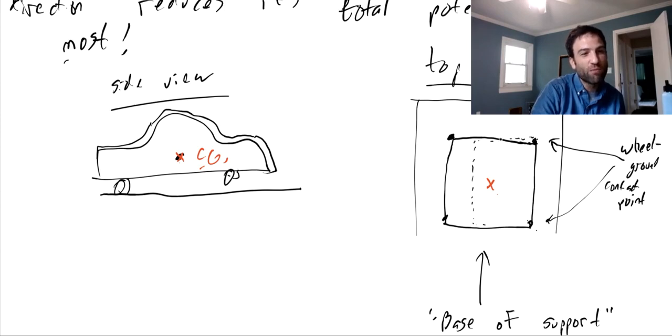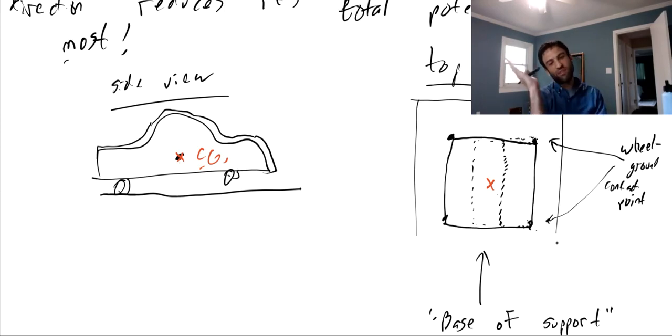But if you get to the point where the vertical line through the center of mass straight down passes outside the base of support, then the object will be unstable and your car will tip over. At best, it'll be in a state of unstable equilibrium, and it will be susceptible to even the slightest push.